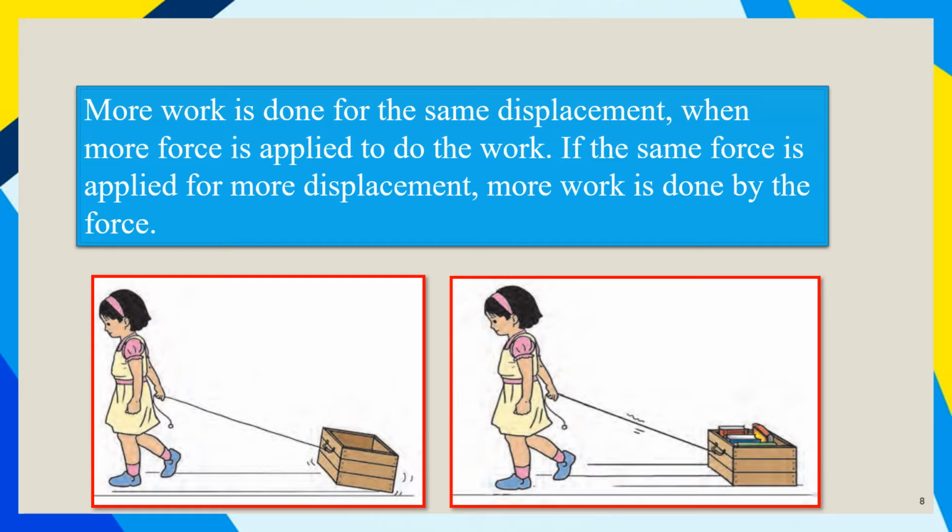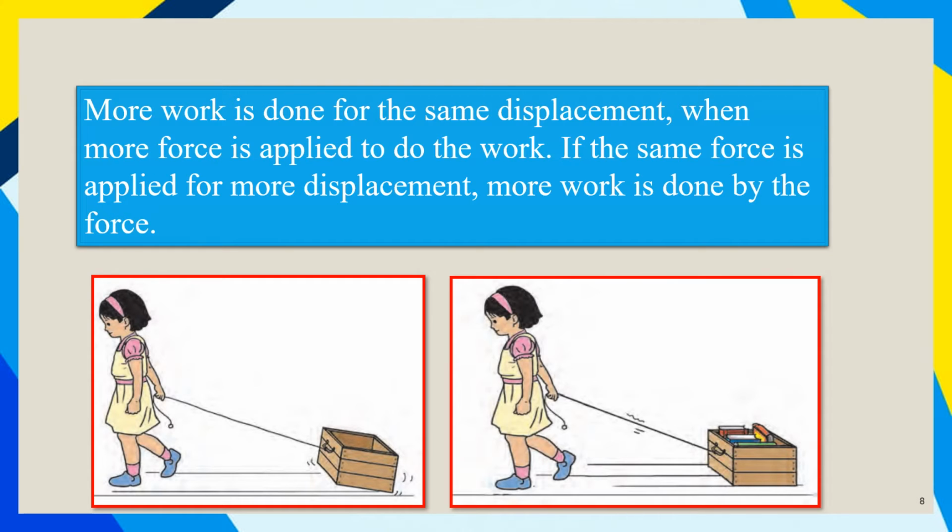ठीक है? अगर हम लोग ज्यादा फोर्स लगाते हैं तो ज्यादा डिस्प्लेसमेंट होगा, ठीक है? If the same force is applied for more displacement, more work is done by the force. अगर हम लोग ज्यादा सेम फोर्स अप्लाई करेंगे ज्यादा डिस्प्लेसमेंट के लिए तो मतलब ज्यादा काम होगा. As I told you, जब तक कोई चीज मूव नहीं होती अपनी जगह से मतलब वो काम नहीं हुआ है. अगर चीज हल्की है तो कम फोर्स में वो ज्यादा मूव होगी, राइट? तो वहां पर ज्यादा वर्क बताया जाएगा.